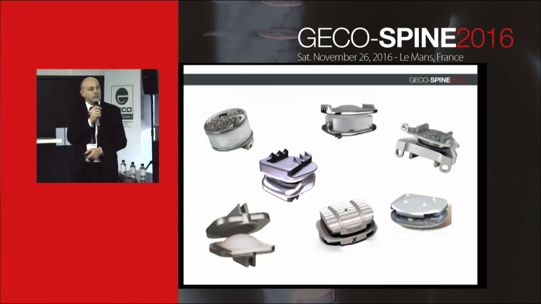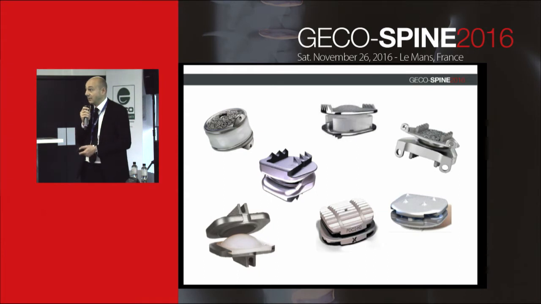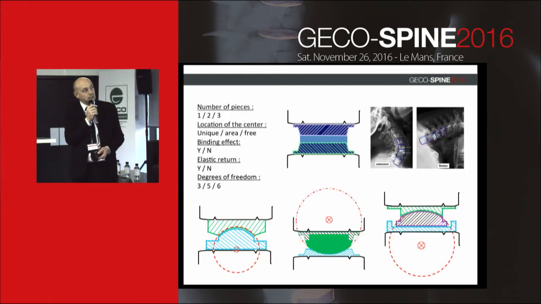So there are many, many devices, and I think those are so different regarding the mechanical concepts that we cannot really combine all that together to discuss how they work and how they have more or less instability.